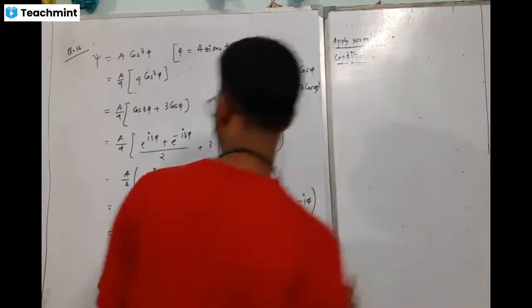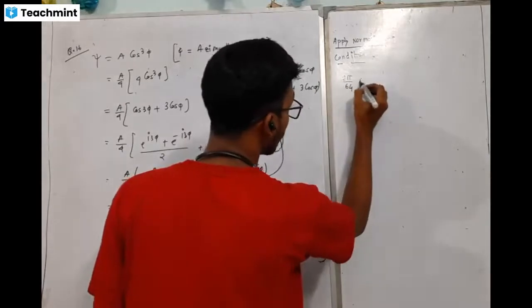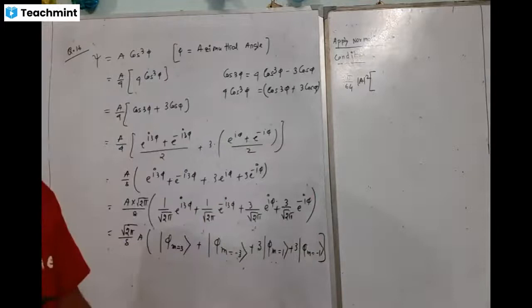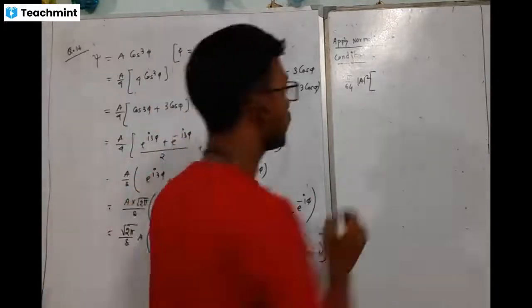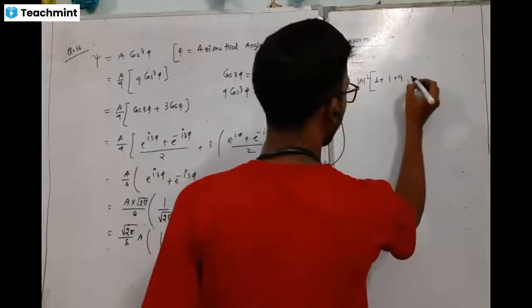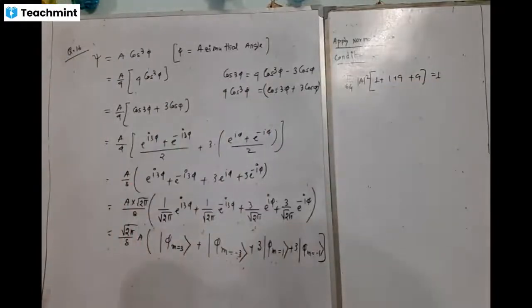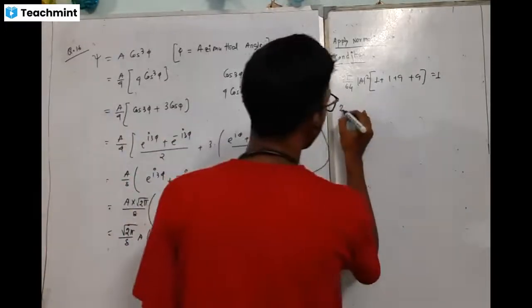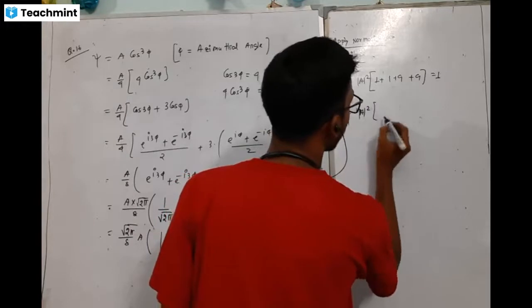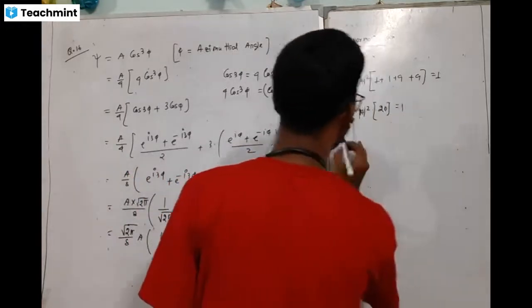So it is nothing but 2π upon 64 mod a squared times (1 plus 1 plus 9 plus 9) equals 1. So 2π upon 64 mod a squared times 20 equals 1.